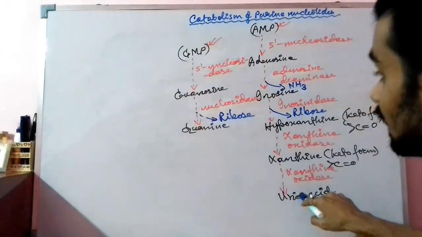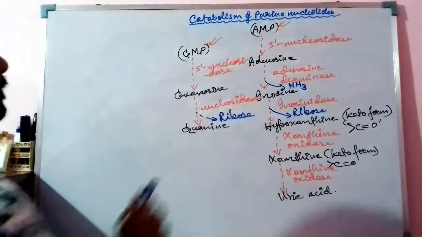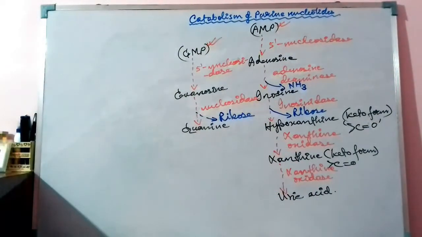Here also the guanosine, in the presence of nucleosidase or guanosidase, helps in the formation of guanine, which is the nitrogenous base of the purine nucleotide.